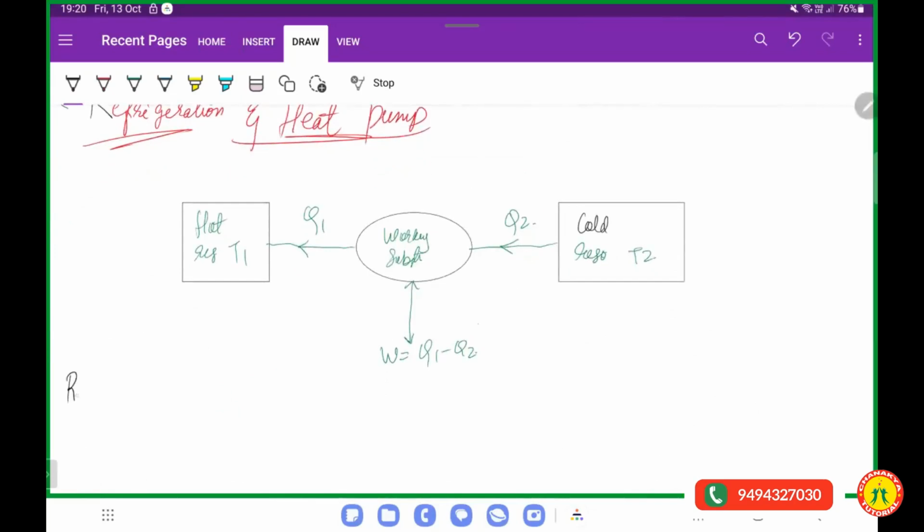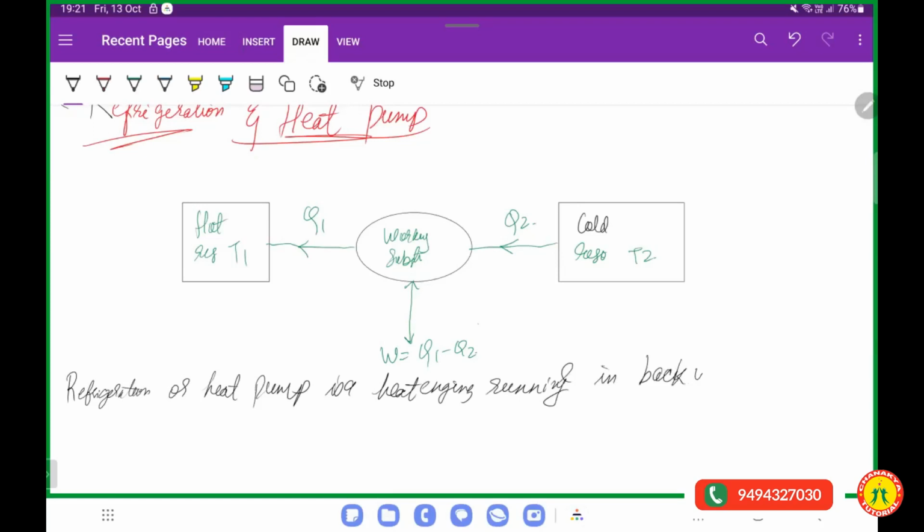A refrigerator or heat pump is a heat engine running in the backward direction, meaning the reverse direction.